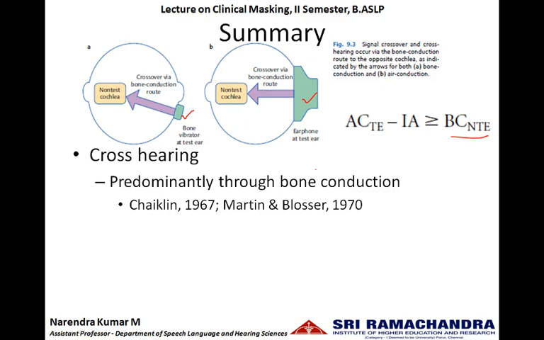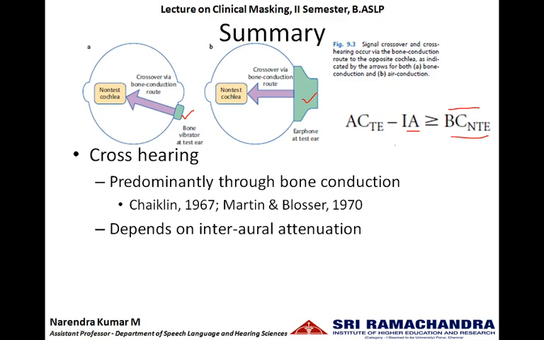And this cross hearing depends on internal attenuation as well as the bone conduction threshold of the non-test ear. If the internal attenuation is higher, there is very little chance for crossover, hence cross hearing. If the internal attenuation is very low, then there is a greater chance for cross hearing to take place.